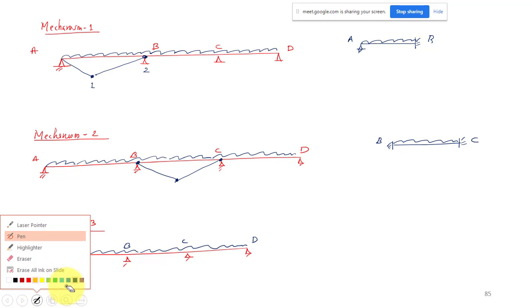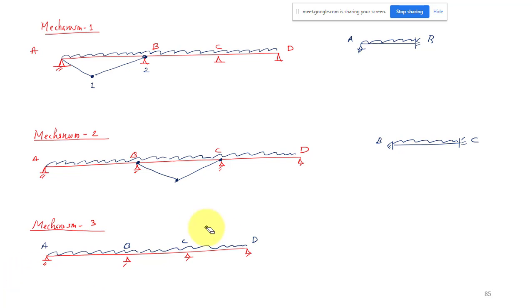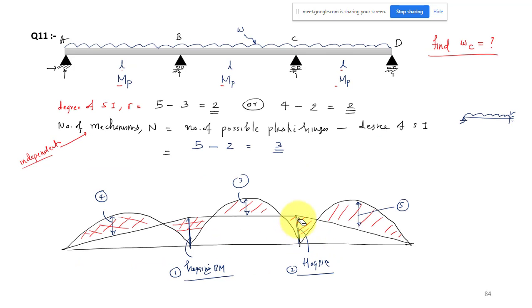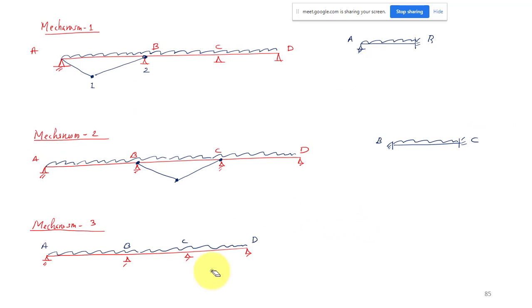For the span CD, one hinge may be here and one hinge can be here. Only two hinges are required to have the failure, so it is like a propped cantilever. So CD will be same as this case.